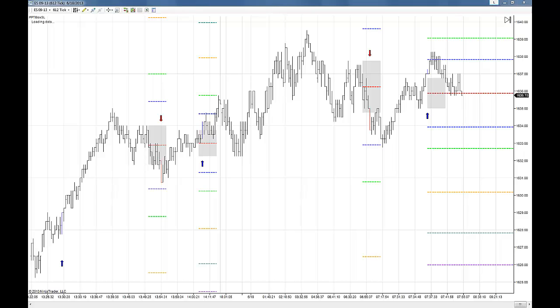Sometimes I will take out half, but in most cases I'll take out 7 at that initial target, and that might seem a little bit on the crazy side, but it tends to work really well, because then I'll take out 2 at the next level and I'll let 1 run. And it might not sound like a lot, but you do that a couple times a day, and it's not difficult to make $1,000 a day.